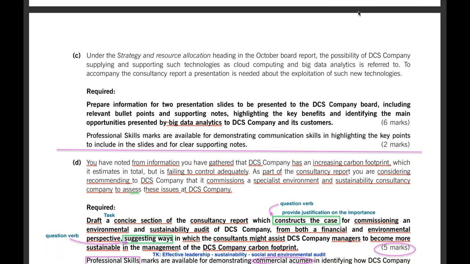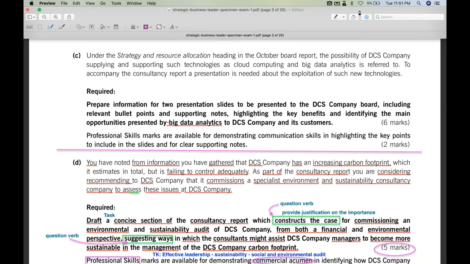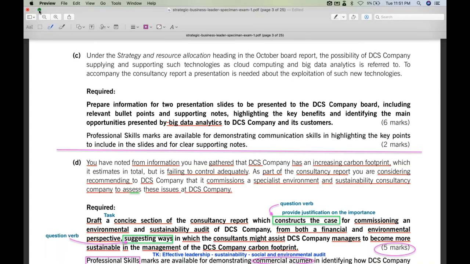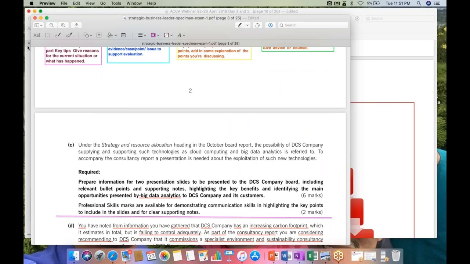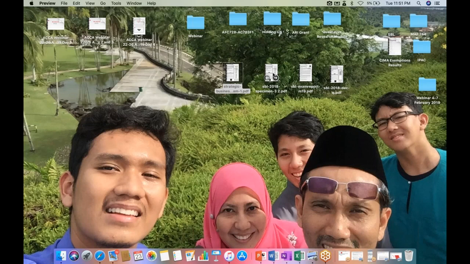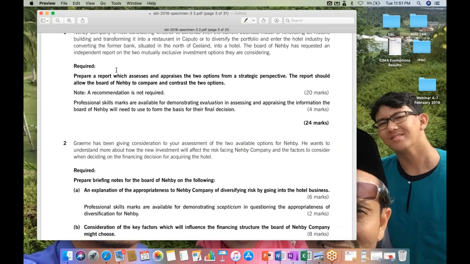Let me just show you another specimen. This is basically the specimen that I have, so I may need to minimize this first.